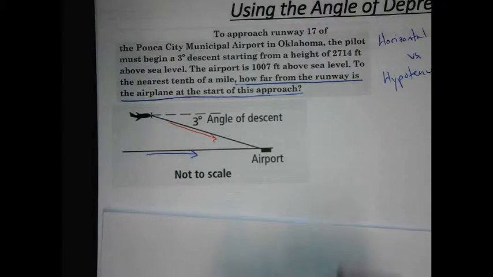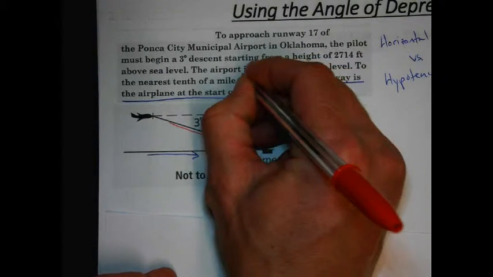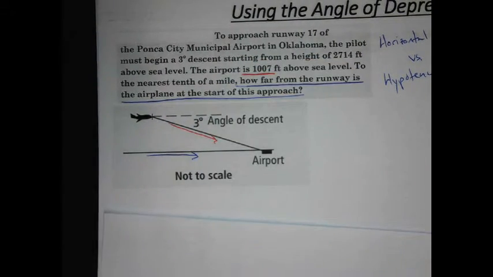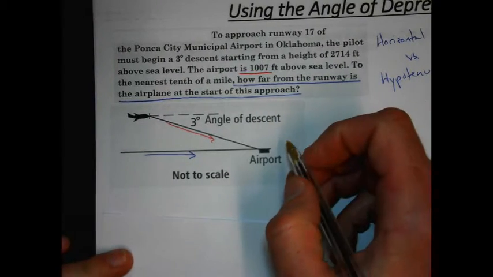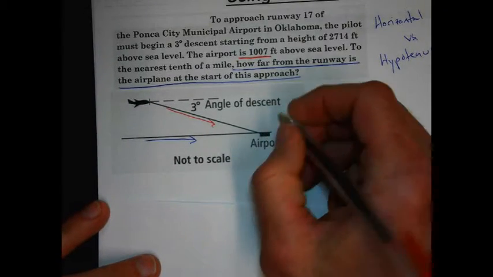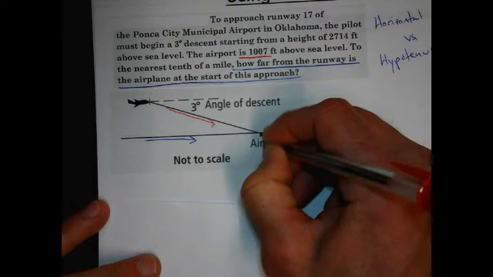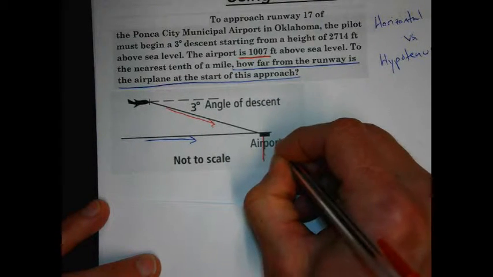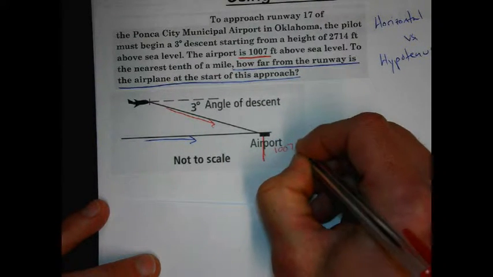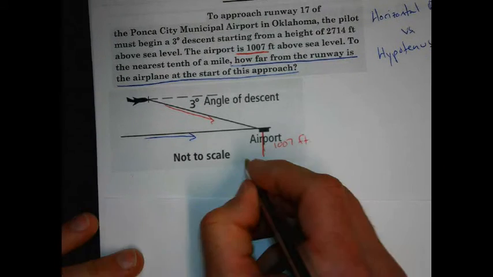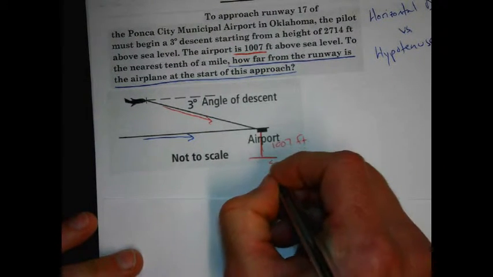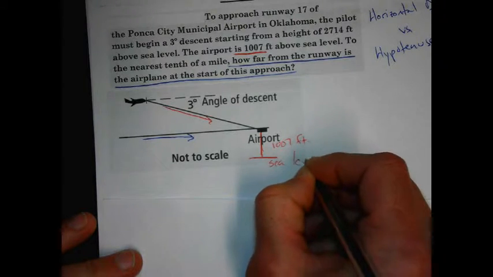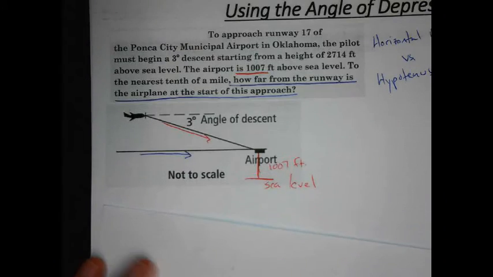The second thing we should know is look out for the trick, because the airport is 1,007 feet above sea level. Okay, so the airport is above sea level already. So we have an amount of distance that's here, 1,007 feet. It's above sea level, and so sea level is down here, let's say. And why is that important?